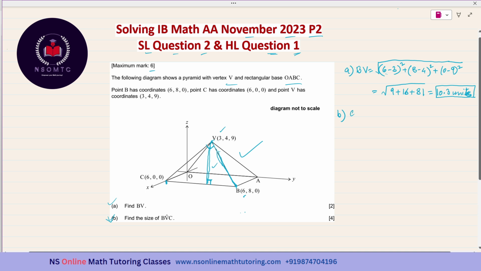So CV is equal to, again I'm taking this minus this, square root of (6 minus 3) whole square plus (0 minus 4) whole square plus (0 minus 9) whole square.